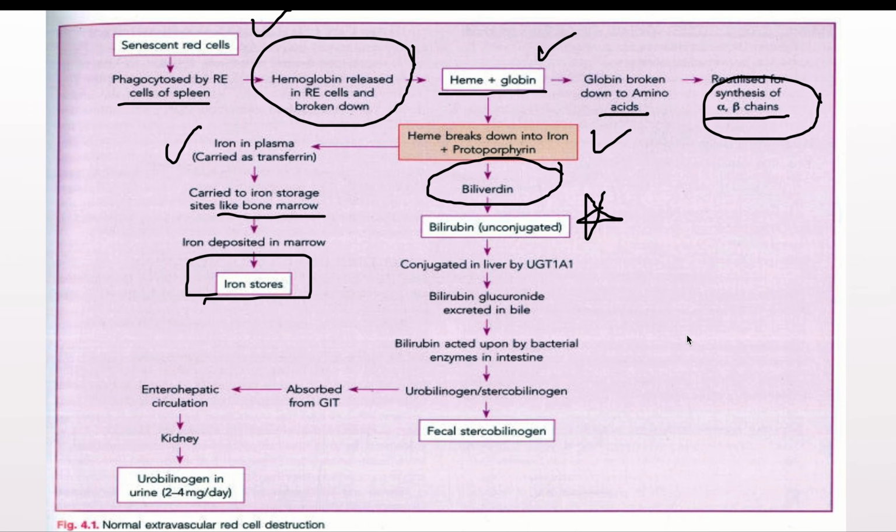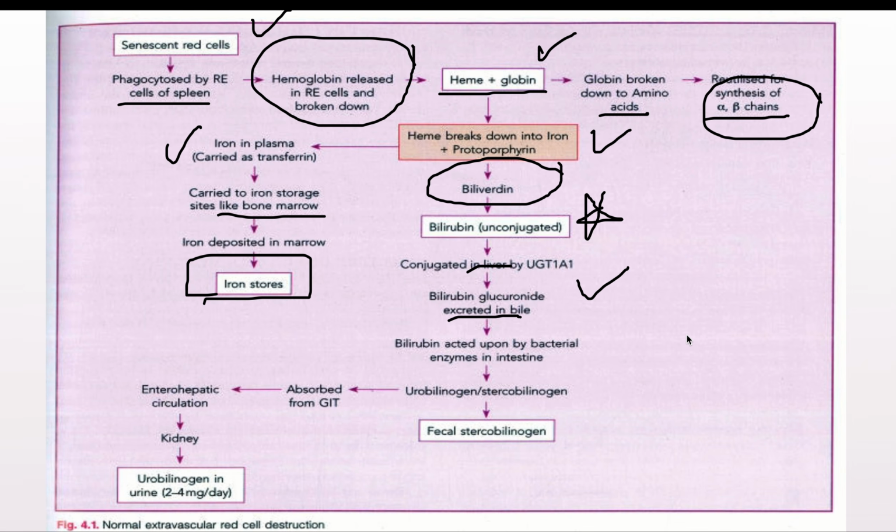Now this bilirubin will conjugate in the liver. Okay, in the liver it will conjugate and form bilirubin glucuronide. This bilirubin glucuronide present in the liver will be excreted into the bile.